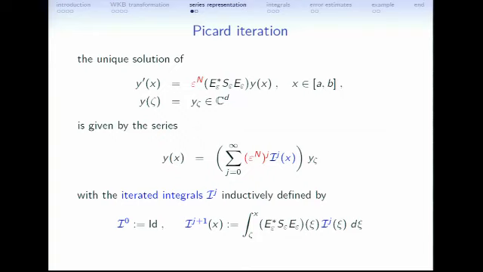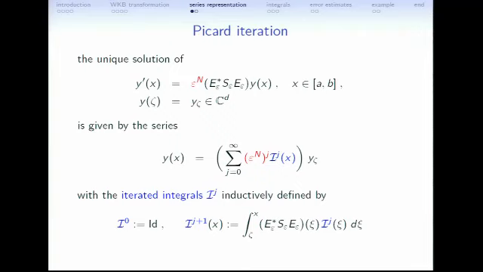The unique solution of the system we want to solve is given by the sum over j from 0 to infinity of epsilon to the n times j, and then some matrices, which we call iterated integrals I_j, and the whole thing multiplied with the initial condition. These iterated integrals are inductively defined. Simply set the first one equal to the identity matrix on the whole interval, and for the next ones you multiply the previous iterated integral by the system matrix and integrate it.